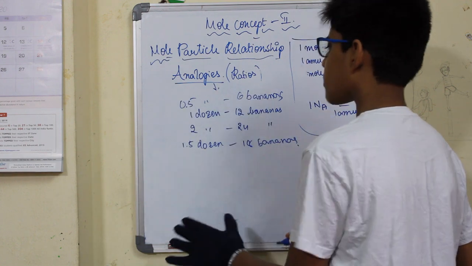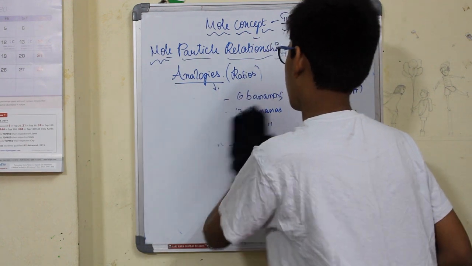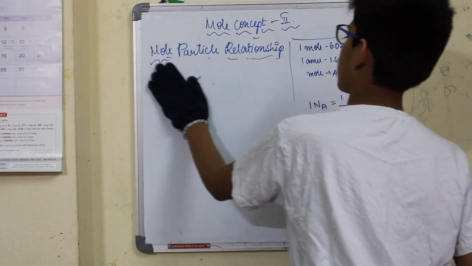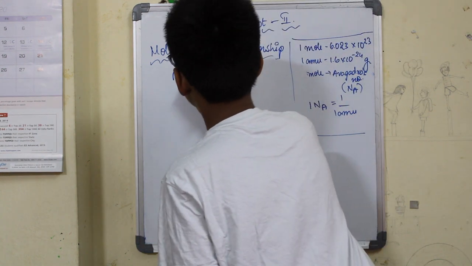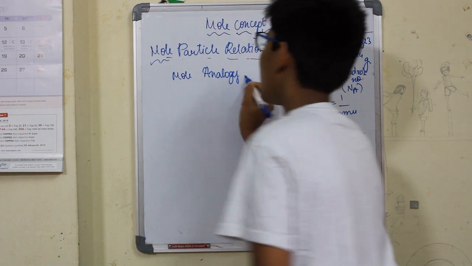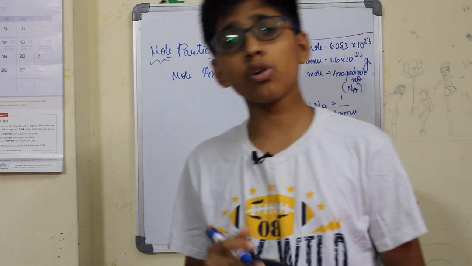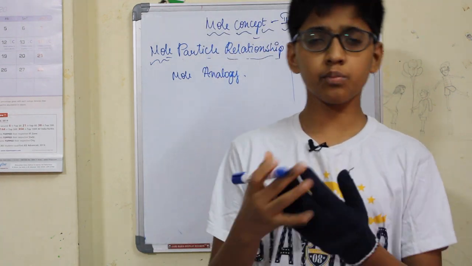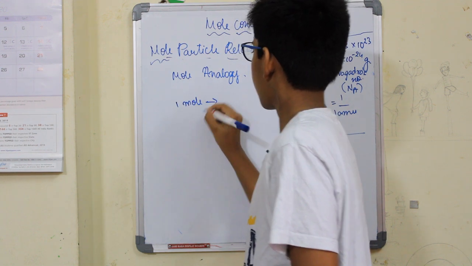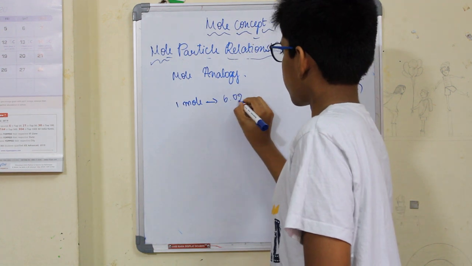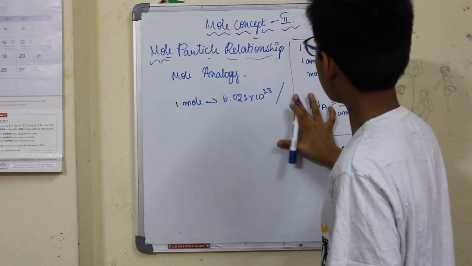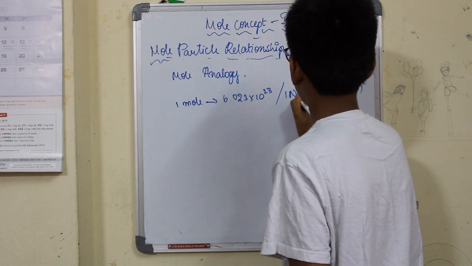Now, based on these, we write in mole, like we have to write them in Na forms. Now, mole analogy. Mole analogy is nothing but, this is also the unitary method. Here we deal with moles. 1 mole is 6.023 into 10 power 23. In options we have to choose, it can be this or 1 Na.